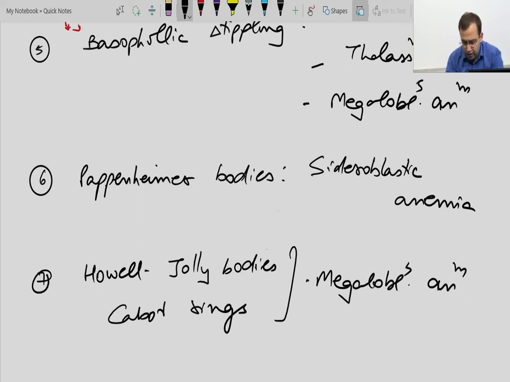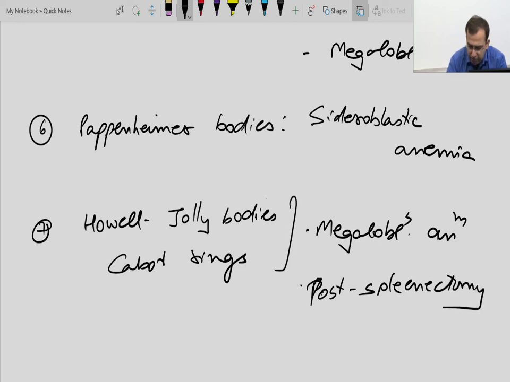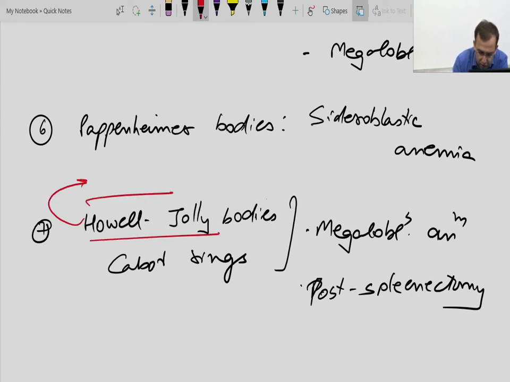Other than this, they are also seen post splenectomy. We have already seen these abnormal morphologies numerous times, so I'm not showing them to you again. Have a look, these are the morphologies with the diseases. Howell-Jolly bodies are also associated with thalassemia.